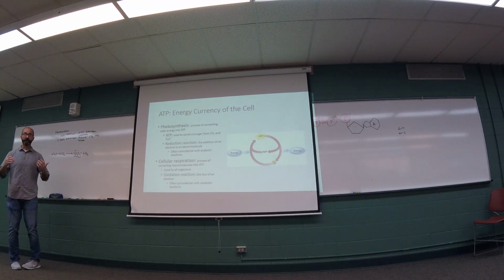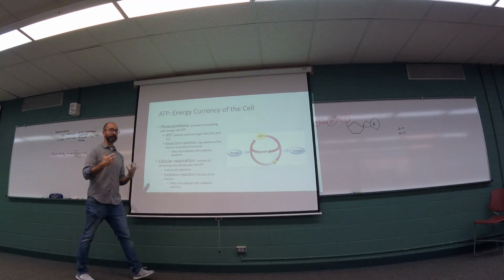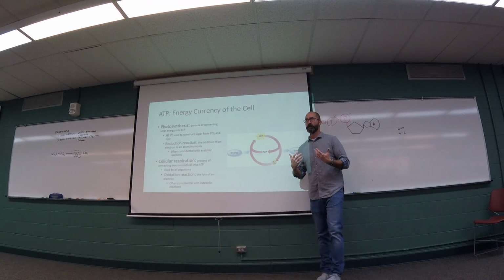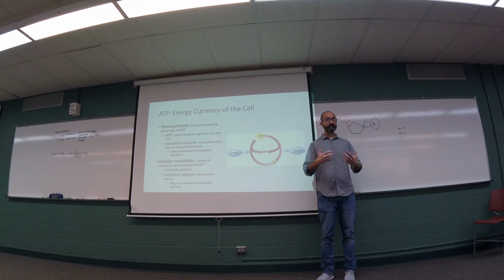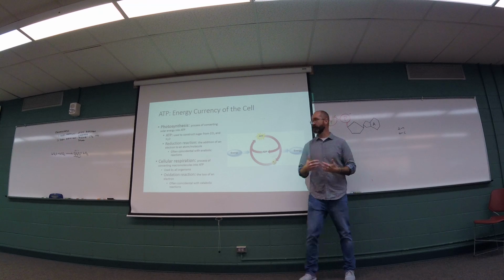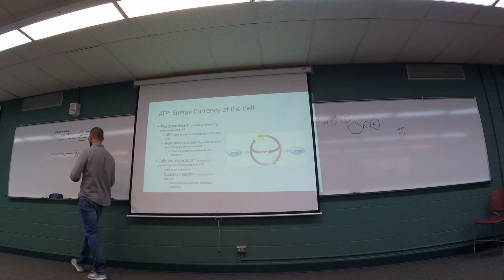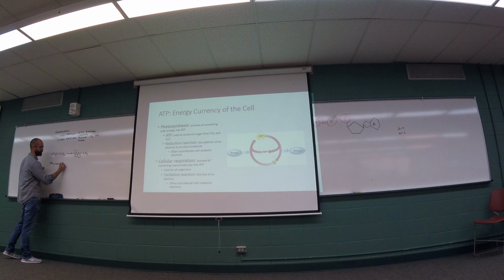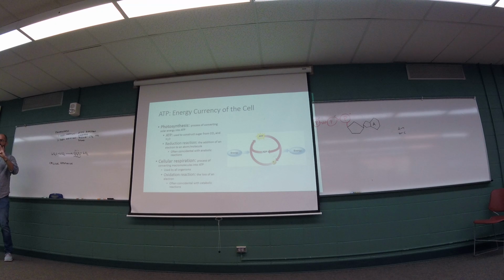Okay, so alternatively, we have cellular respiration. And cellular respiration takes these complex molecules that are created by photosynthesis, and it's able to break them down, right? We're able to oxidize sugar, tear electrons off of it, and break it down into a smaller compound, which is carbon dioxide. And so cellular respiration has 4 steps to it, but I'm not going to talk about those steps just yet.